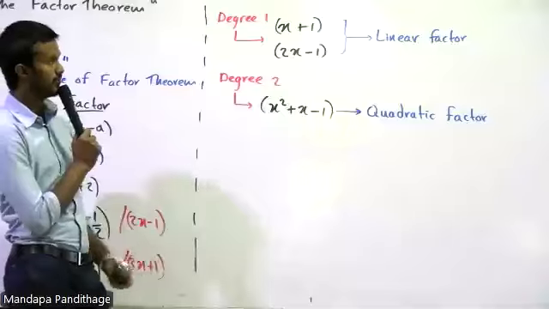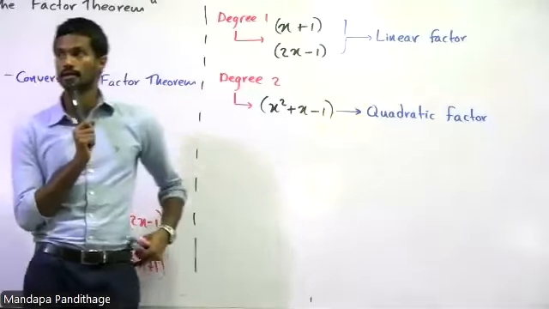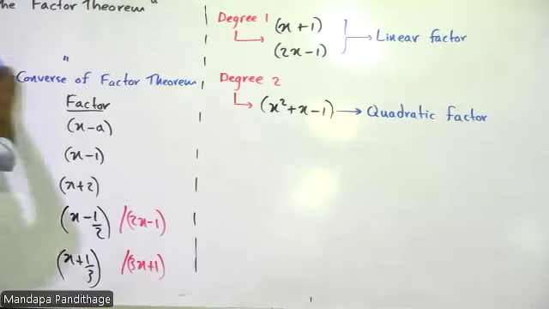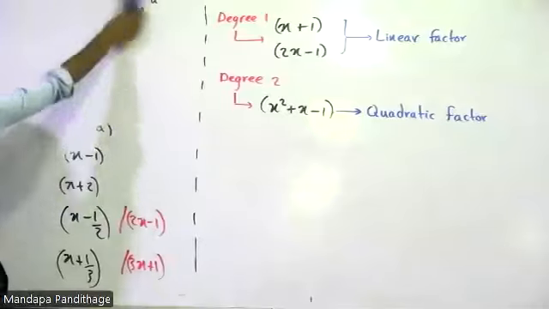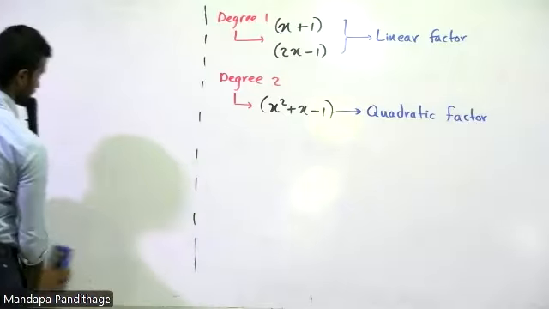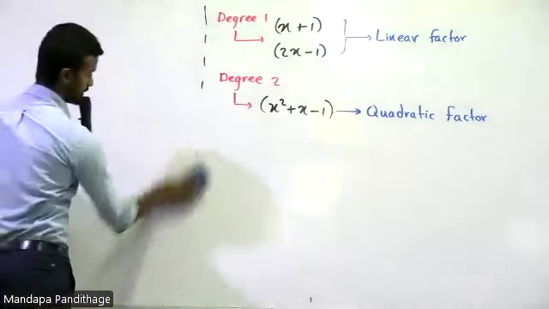Just write this. Factors can be named as below, based on their degrees. Degree 1, such as x plus 1 or 2x minus 1.